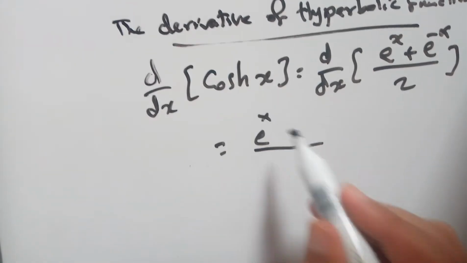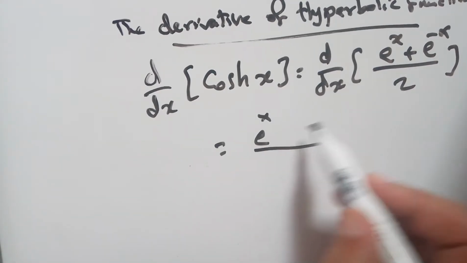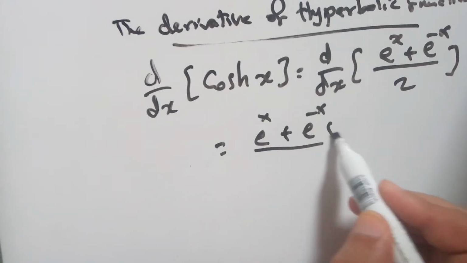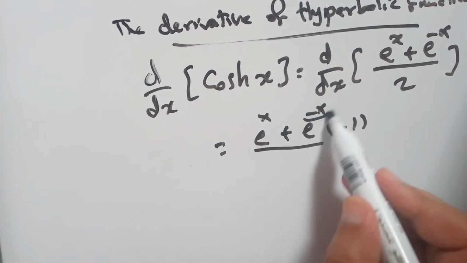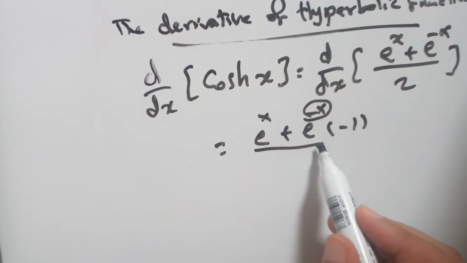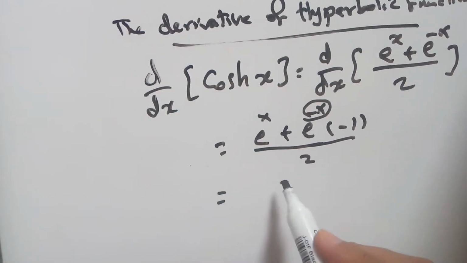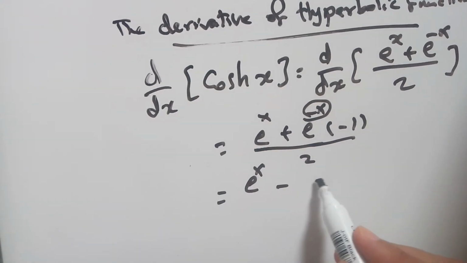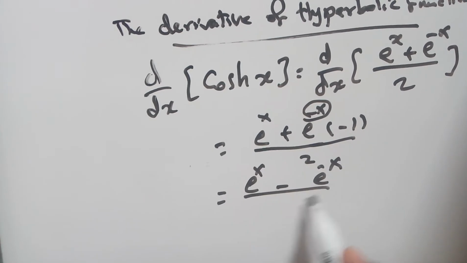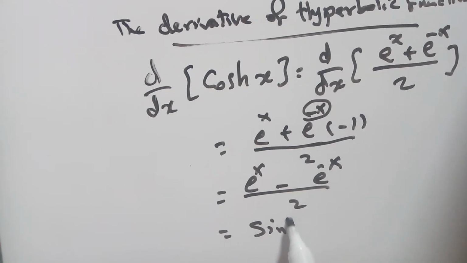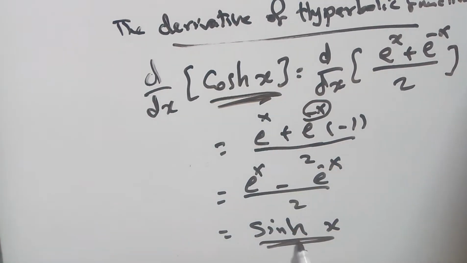It is e to the power x plus e to the power negative x multiplied by negative 1, since the derivative for negative x is negative 1, divided by 2. Then it will be e to the power x minus e to the power negative x divided by 2, which is equal to hyperbolic sine x. Then d/dx for hyperbolic cosine is hyperbolic sine, and the derivative for hyperbolic sine is hyperbolic cosine.